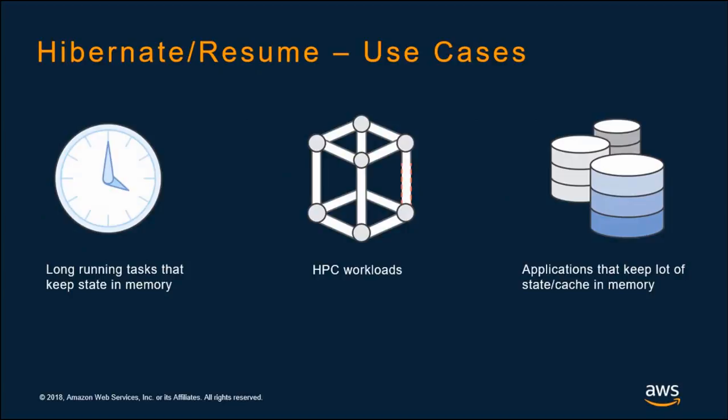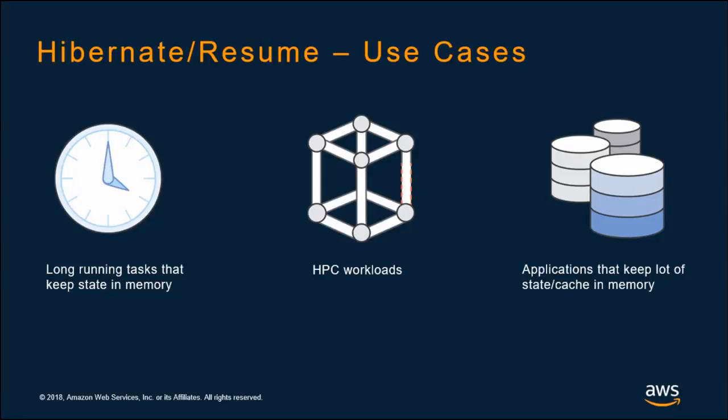Use cases, obviously long-running tasks, workloads where you don't have checkpointing, or an ability to restart a job from midway through. Fantastic use case for Hibernate. No need to re-architect, no need to build checkpointing, just use hibernation.